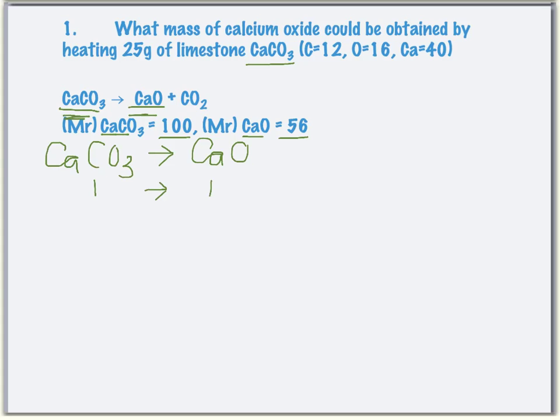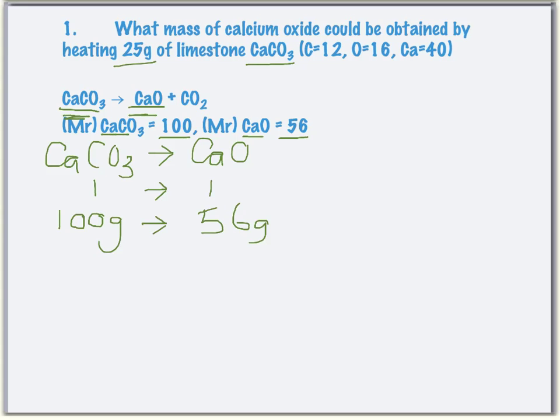So if we had 100 grams of the limestone, the calcium carbonate, that would mean that it would make for us 56 grams of calcium oxide. Now, our question is asking us how much will 25 grams of the limestone make for us.